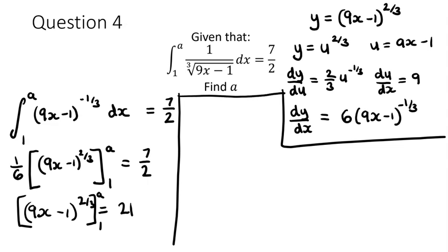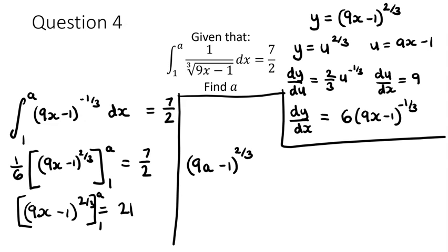Okay, and then what I'm going to do is start plugging in my limits. So I'm going to substitute in the a first. So that'll give me 9a minus 1 to the power of 2/3. I'm going to substitute in the 1. So 9 times 1, take away 1 is 8.